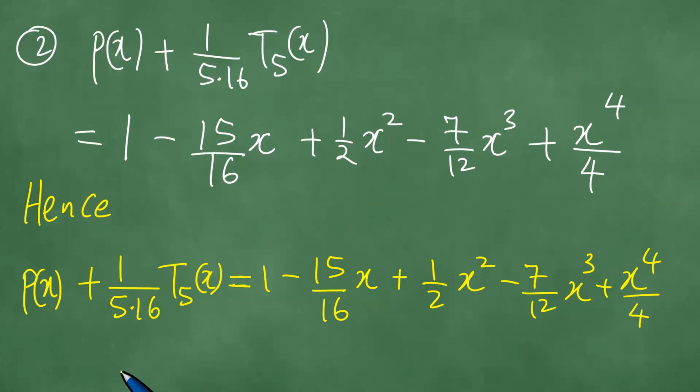And this is the answer. Okay, we have economized this power series. How did you economize it? We removed the highest degree by using the Chebyshev polynomial of degree 5. Next question.